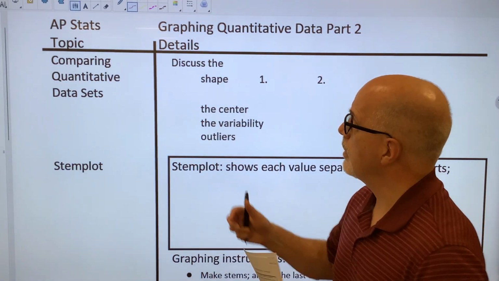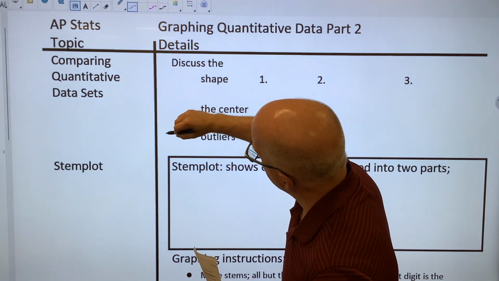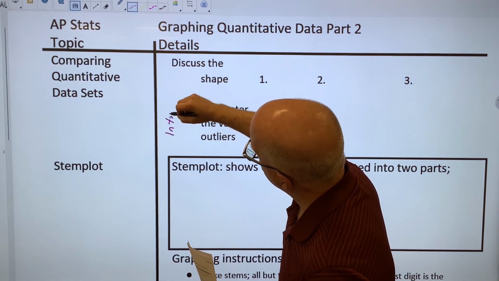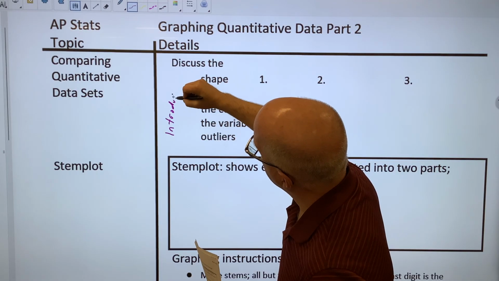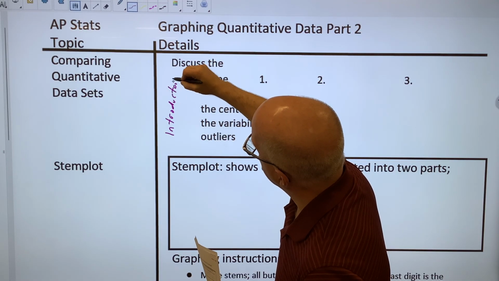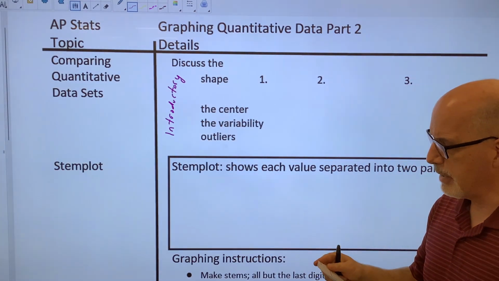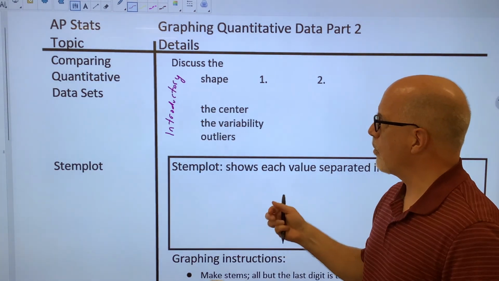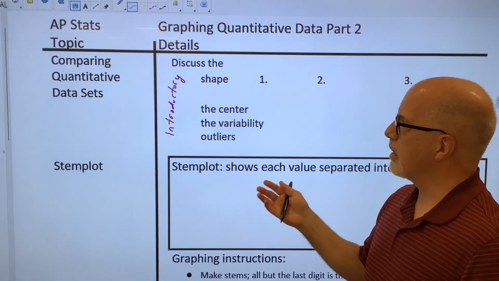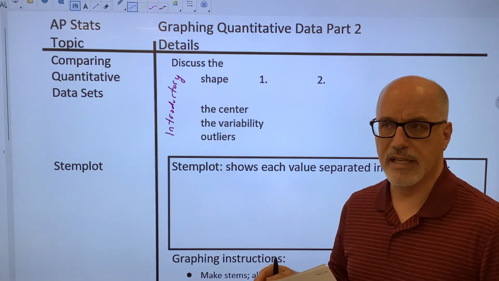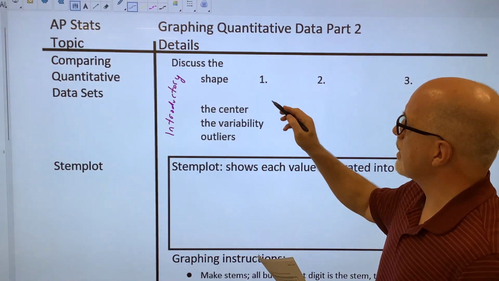So first of all, just a note that this is introductory. We will do more in-depth work with some of these ideas later and get more precise pieces of measurement. But to start with, when we talk about these graphs of the data sets, we discuss the shape.